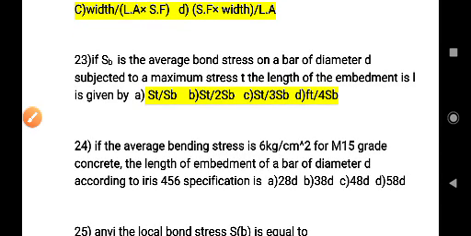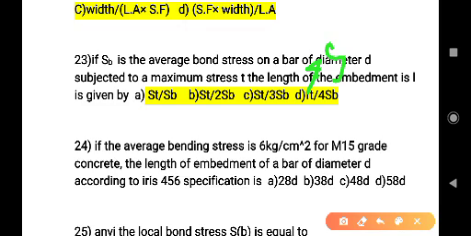Question number 23. If S suffix B is the average bond stress on a bar of diameter D subjected to maximum stress T, the length of the embedment L is given by: ST by SB, ST by 2 SB, ST by 3 SB, ST by 4 SB.